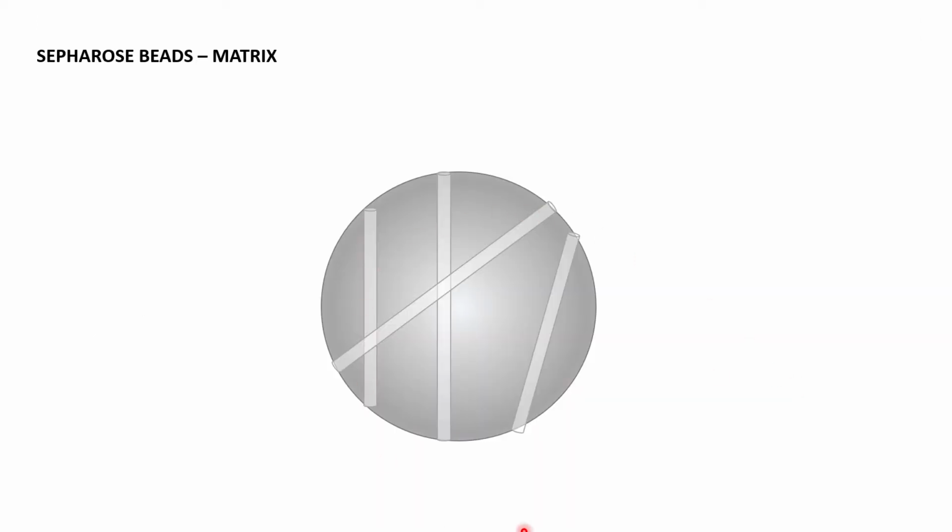So this is the bead that we use, and these are the molecules for the separation. The pink species is bigger than the pore size, so it simply bypasses the bead, but the green species can fit into the pores. When we run the buffer, the pink species easily bypasses the bead and the green species goes through the pores. This is how gel filtration chromatography works.